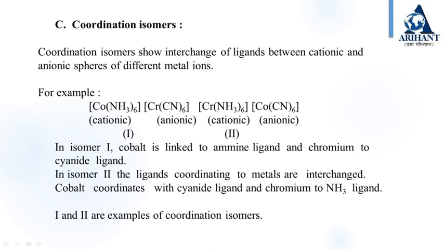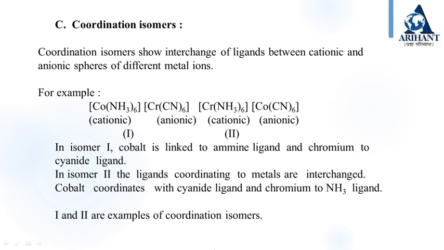Next is coordination isomers. Coordination isomers show interchange of ligands between cationic and anionic spheres of different metal ions. For example, [Co(NH3)6][Cr(CN)6] and [Cr(NH3)6][Co(CN)6].